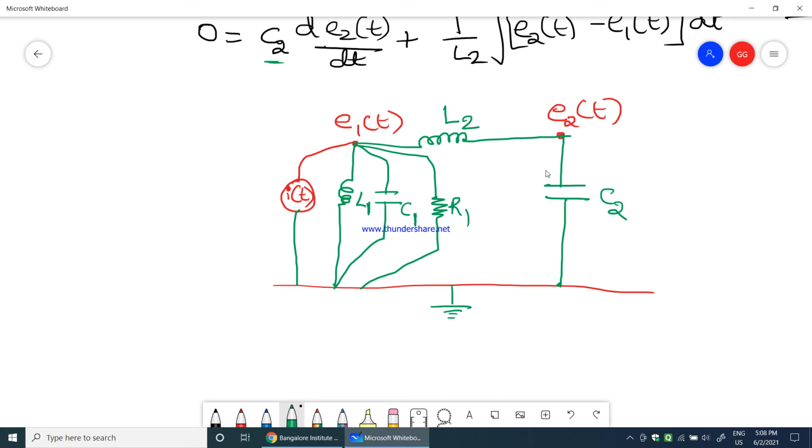Then whatever you have written will be correct. So I hope with this problem you have understood how to write the analogous network for both force voltage and force current analogous networks for a given mechanical system. Okay, let us go with another problem.